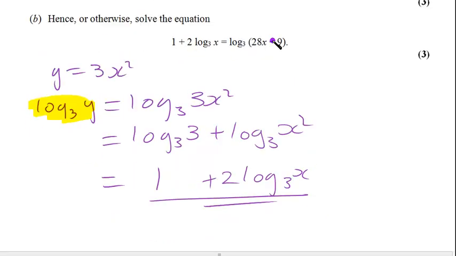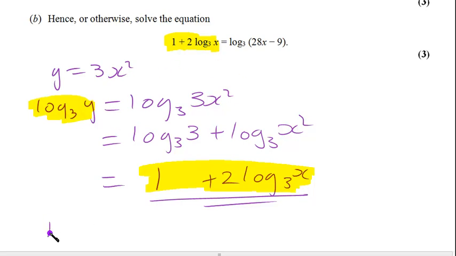Let's look at this question now. And it says hence or otherwise. Well, hence is always a good idea. And we can see that this bit here matches up with this piece here. And we just proved that it equals that. So why not replace that with this? We know that 1 plus 2 log 3 of x is equal to log 3 of y.